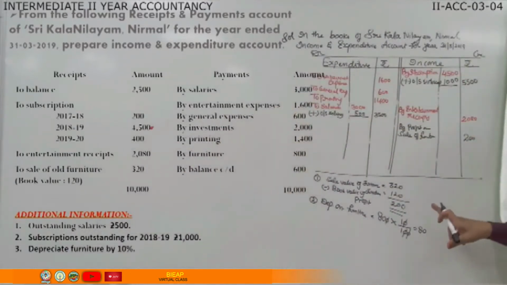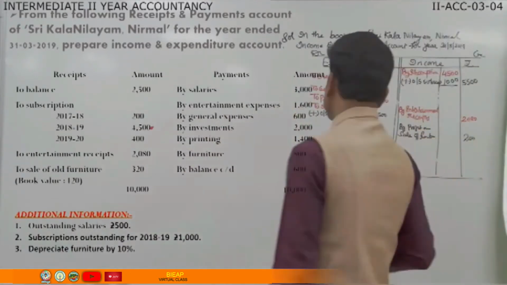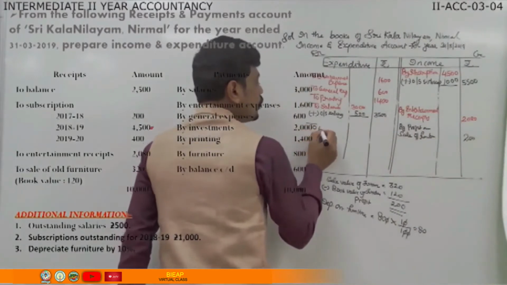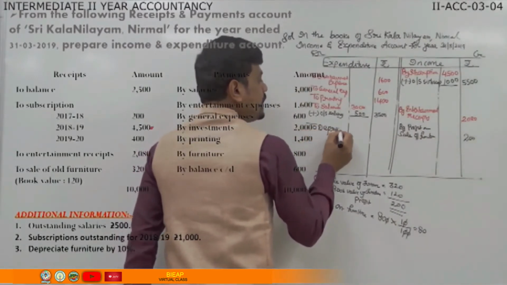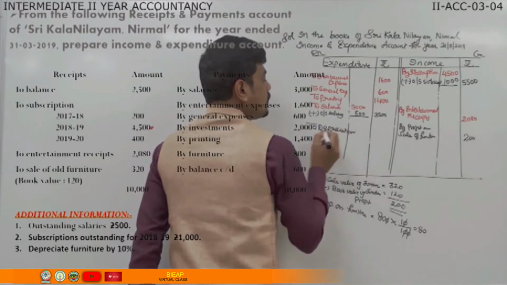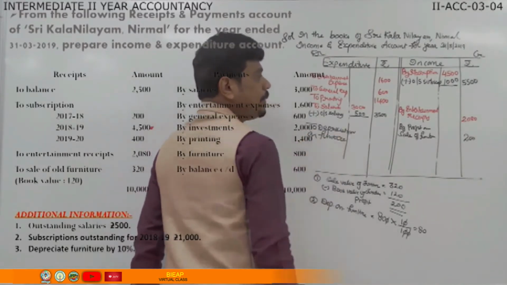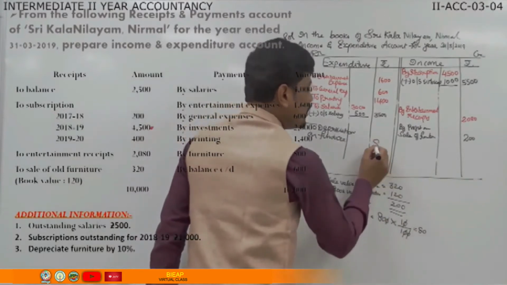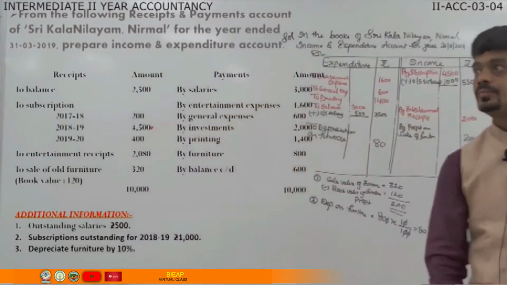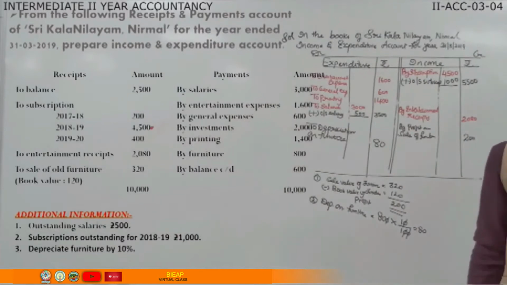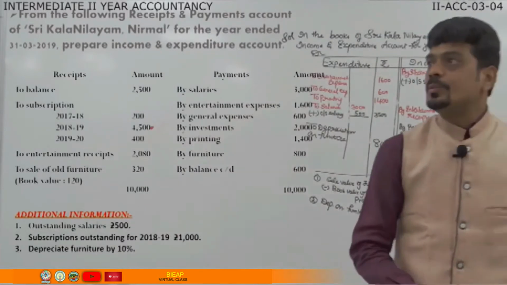Always depreciation is expenditure. So to depreciation on furniture is how much? 80 rupees.